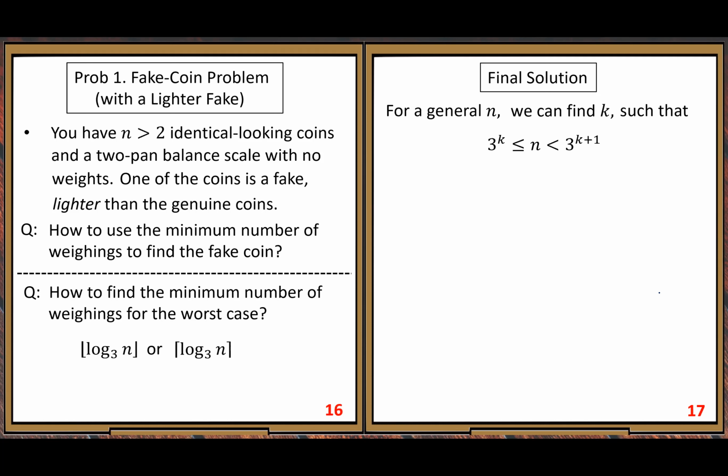We can always find such k, and n must be between these two powers of 3. Should be correct. Any doubt? Some students still do not feel comfortable.